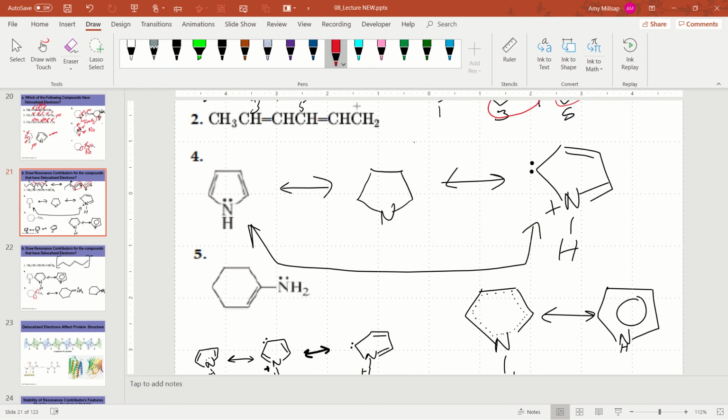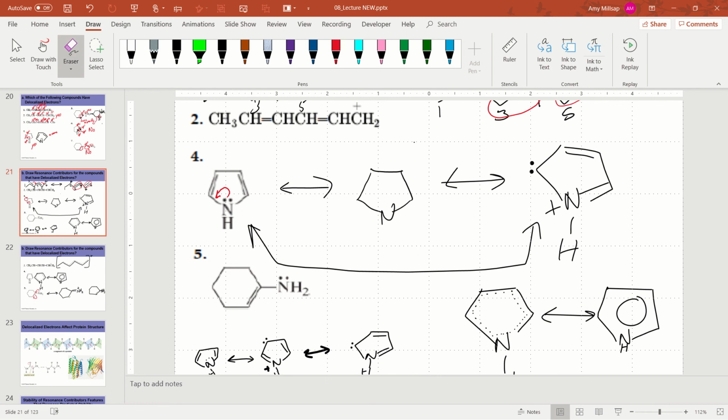So I'm going to move the lone pair from the nitrogen to a pi bond between carbon and nitrogen, and the carbon-carbon pi bond I'll place as a lone pair on a specific carbon atom.